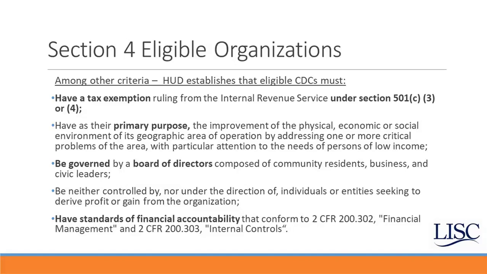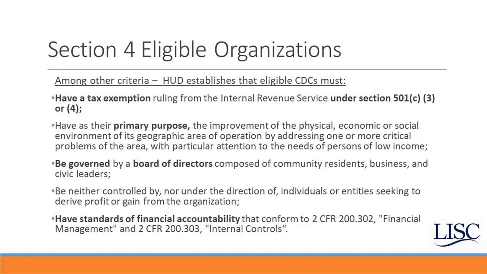Of course, the organization shouldn't be controlled or directed by individuals or entities that would like to receive some kind of financial gain or profit from the organization. So obviously a nonprofit. And finally, a really important one that Jennifer spoke about a few minutes ago was financial accountability.